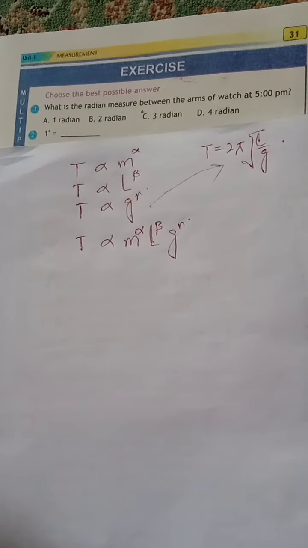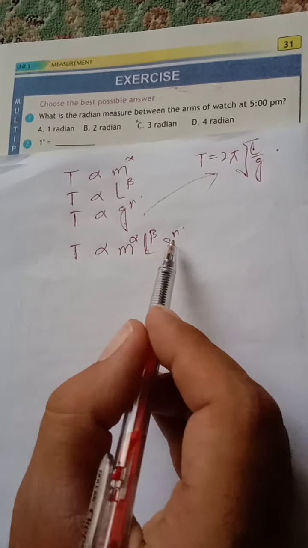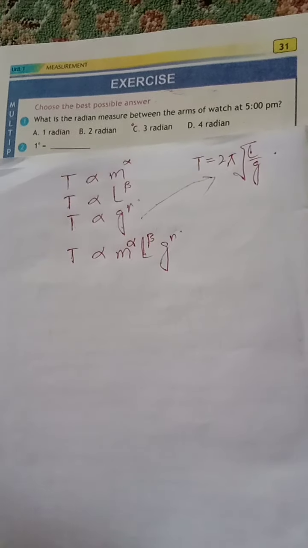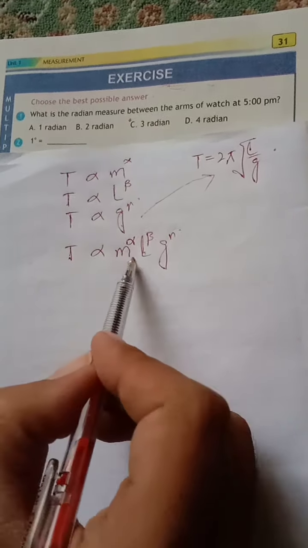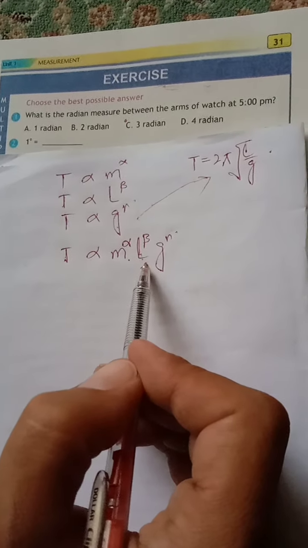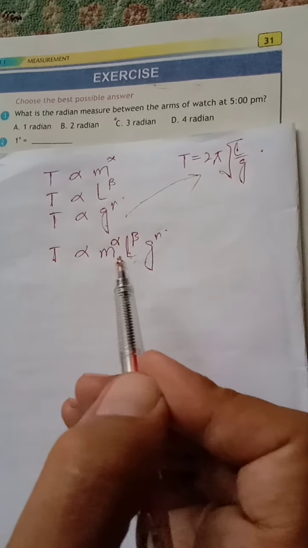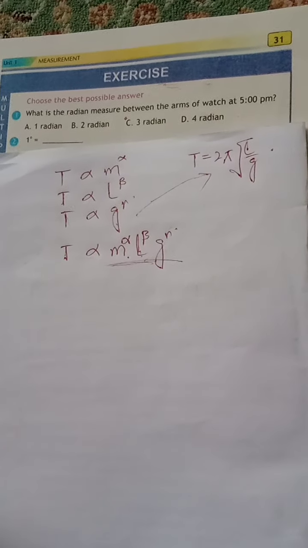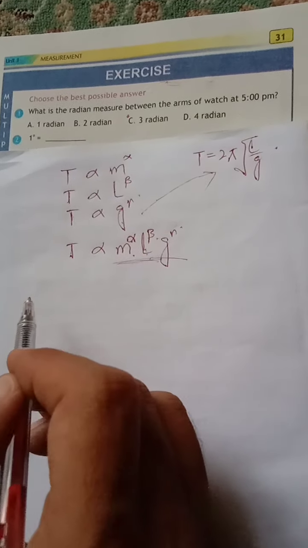Why am I writing m power alpha, L power beta, g power gamma? The reason is that, according to the statement, we are not sure how T relates to m, L, and g. Either they have a direct relation or an inverse relation, or maybe the time period will not have any relation among these three quantities. So for that we are writing alpha, beta, and gamma.